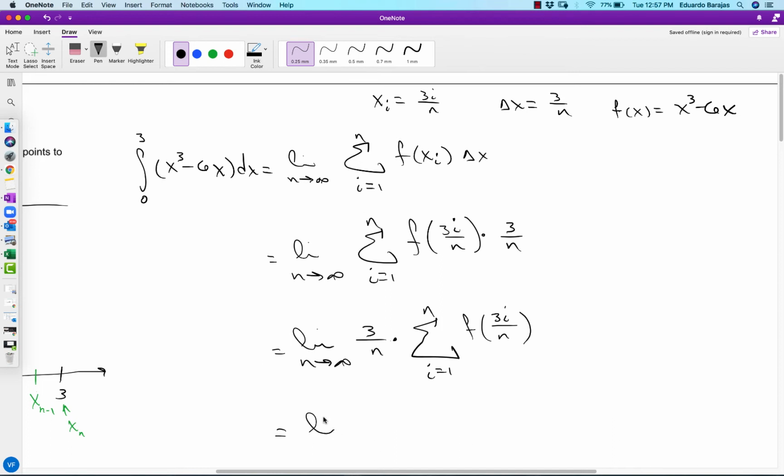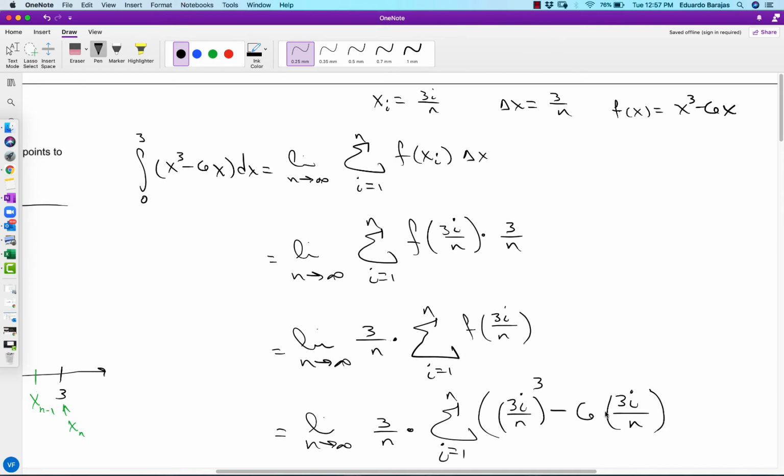So this becomes the limit as n goes to infinity of 3 over n times the Riemann sum as i goes from 1 to n of, and now this says the input cubed minus 6 times the input, so it's got to be 3i divided by n to the power of 3 minus 6 times 3i divided by n. Right? All of that is being influenced by this Riemann sum there.